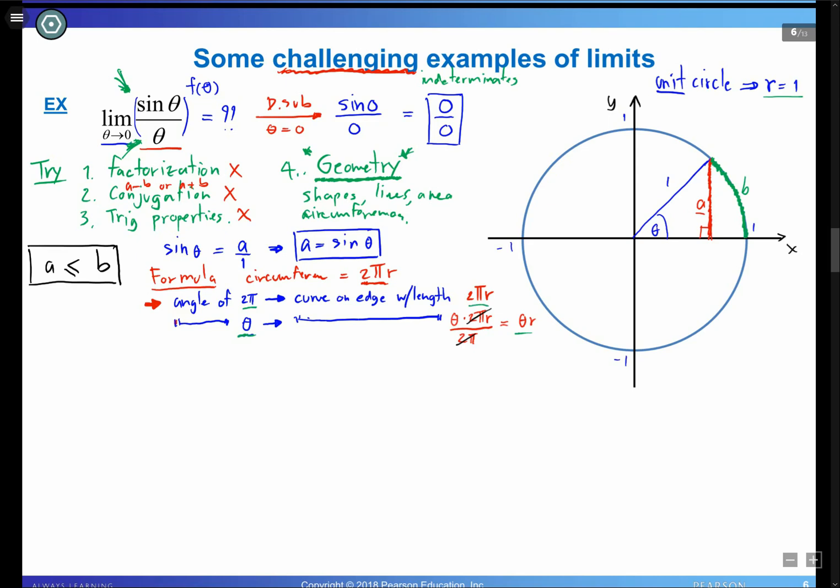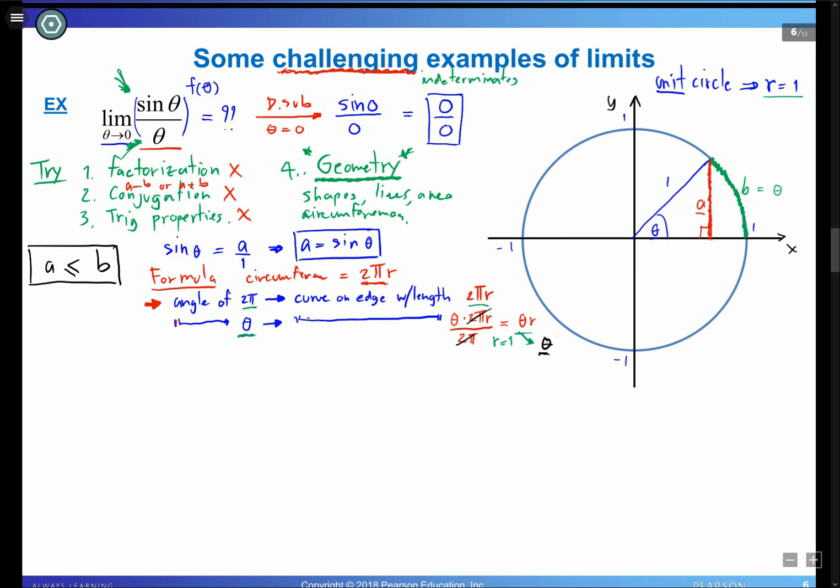So in this case, we are going to have radius r equal to 1, which means that in this example that we have illustrated, we are going to have this curve on the edge with the length of theta. This theta right here is going to be the length of the curve on the edge, and that's going to be equal to this small b right here. Okay, so this b right here, we know it's going to be equal to theta in this case.